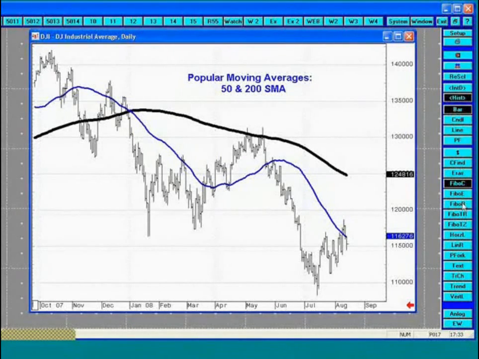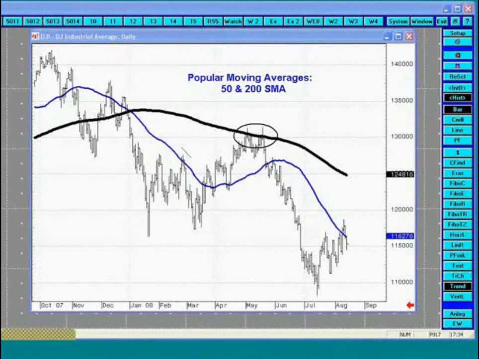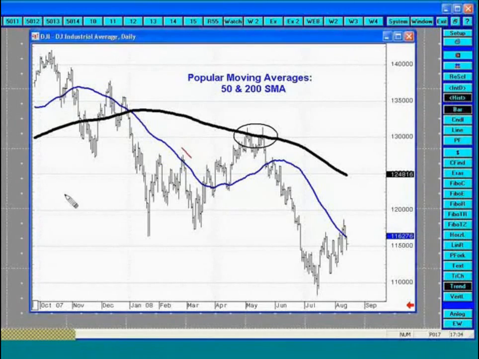Here's an example of where the 200-period moving average provided resistance for that April-May move up in the Dow Jones. Currently, we're testing the 50-period moving average and seem to have reacted. As you can see here, the 50-period moving average provided support over here at this section. Here was an example of where the 50-period moving average provided resistance.